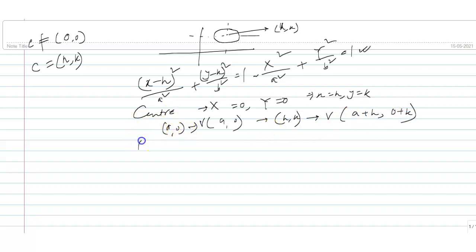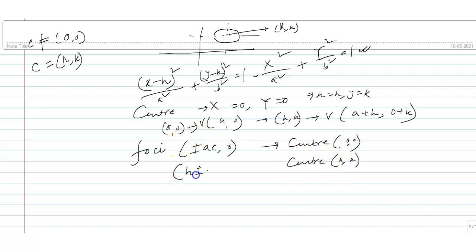For foci, if the center is the origin, then the foci are plus minus a e, 0. We know that. If the center is (h, k), then just add h in the x coordinate and add k in the y coordinate. This is the method. Clear?